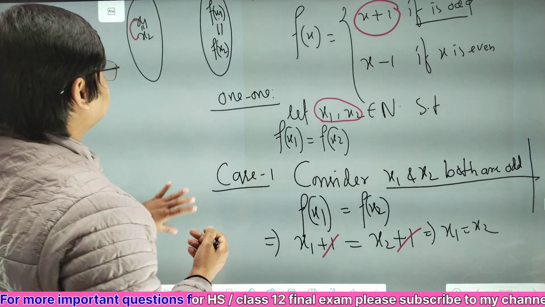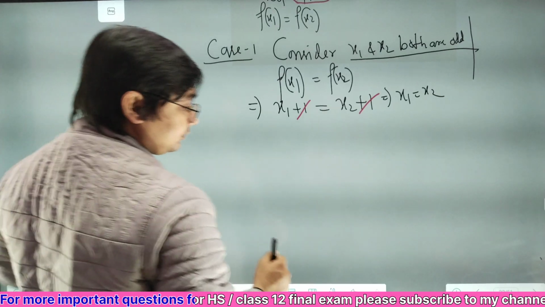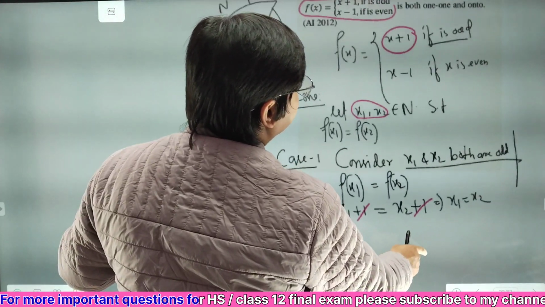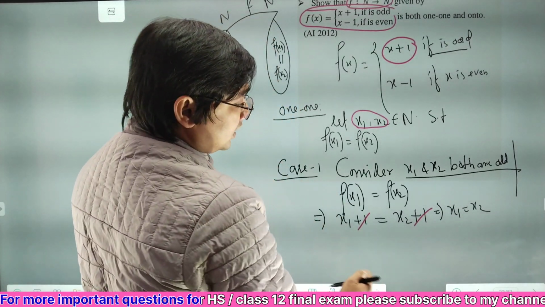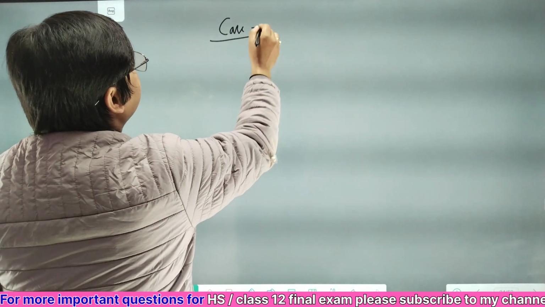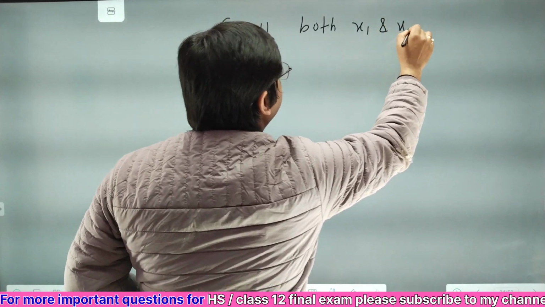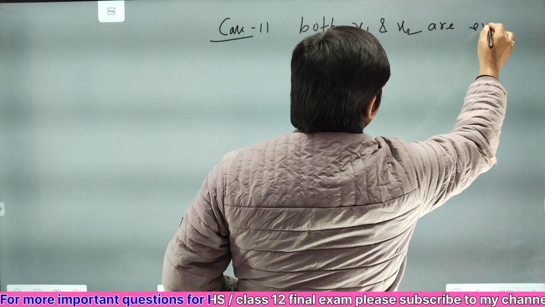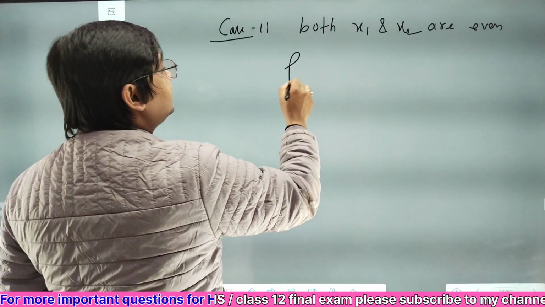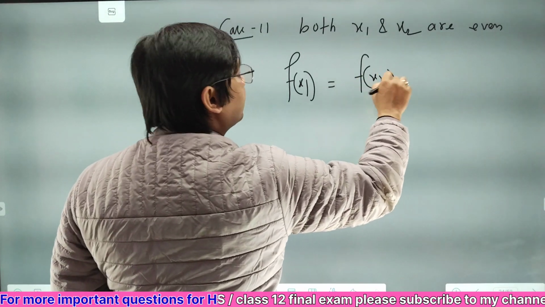Now in the second case, we consider both x1 and x2 are even. Suppose f of x1 equals f of x2, then what happened?